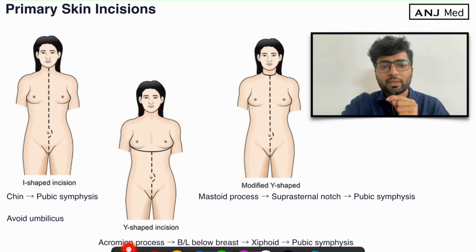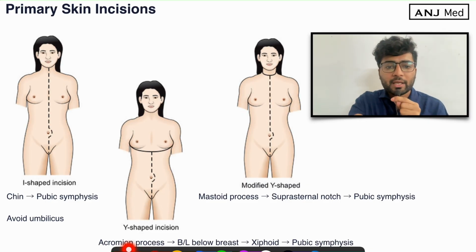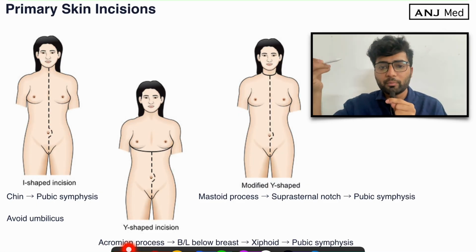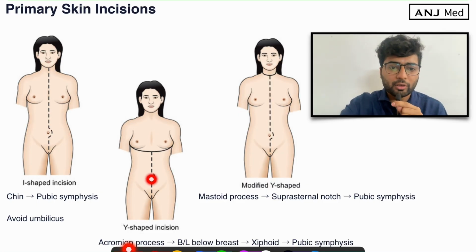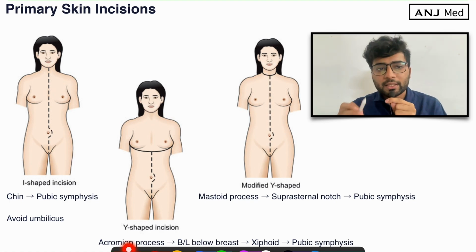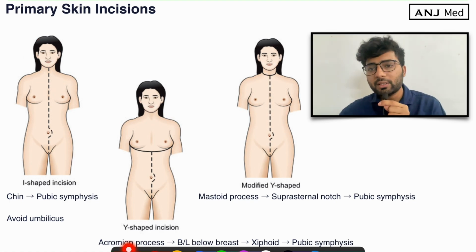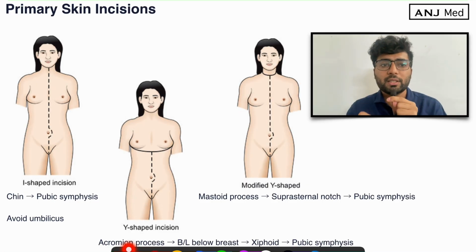Second is the Y-shaped incision. Let's first look at the location. It is applied below the breast, starting from the acromion process. So from the acromion process to below the breast, then it is the same up to the pubic symphysis, and we avoid the umbilicus. Now this I incision is the standard incision, the most common incision. Why?